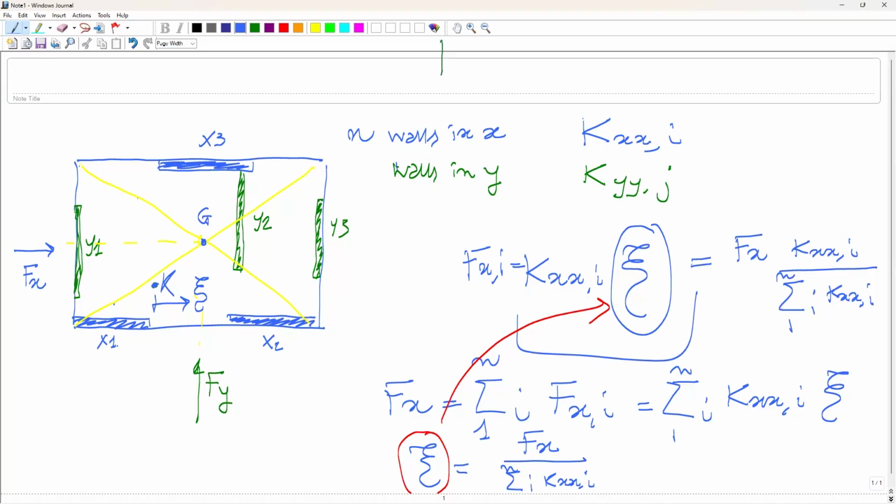What we generally state, that each shear wall takes a share of the force proportionally to its stiffness, comes from this model. It is a model based on the assumptions that we have seen before, and is based on compatibility, constitutive equations, and equilibrium.